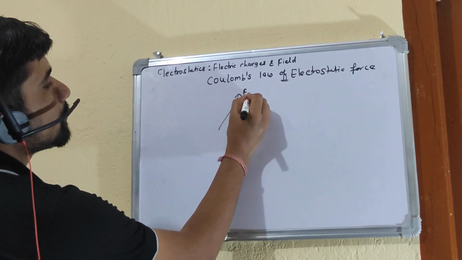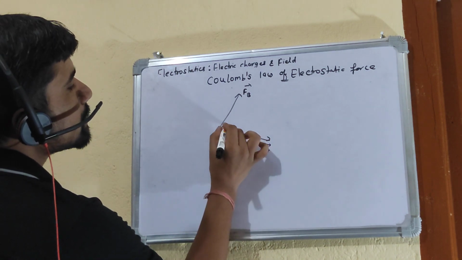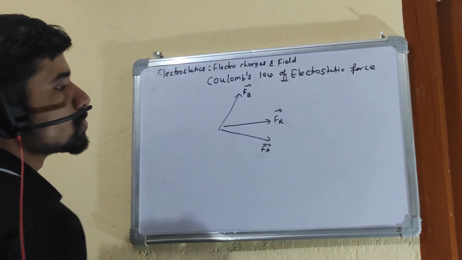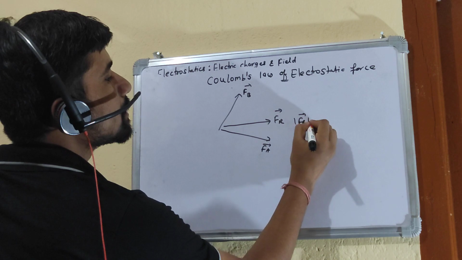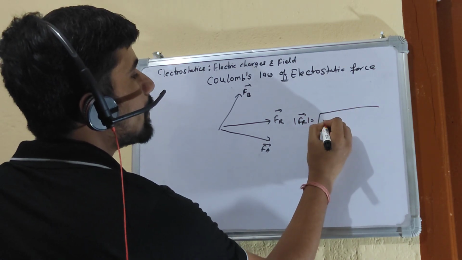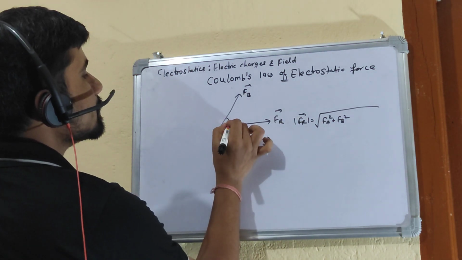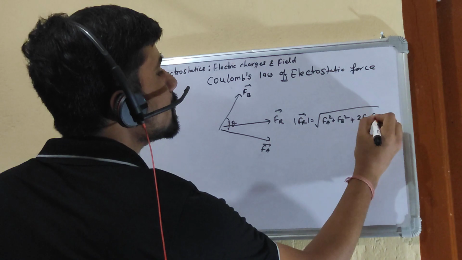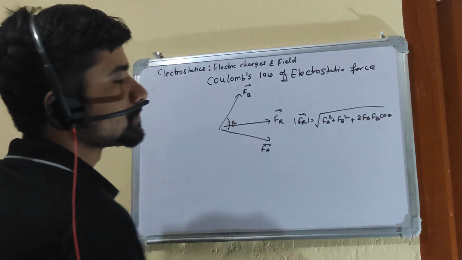Let's say this is the FB vector, this is the FA vector, and I need to find the resultant force. Let's say FR is the resultant. So by the triangle law, the FR magnitude will be given by the square root of FA squared plus FB squared plus 2 FA FB cos theta, where theta is the angle.